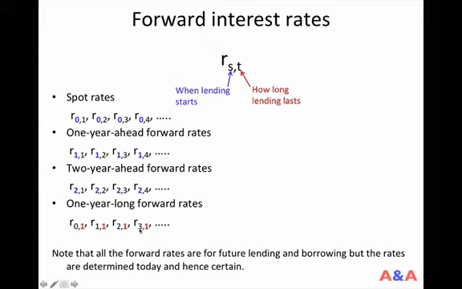R31 is the interest rate for lending and borrowing that starts 3 years from today and lasts for 1 year. So there are so many kinds of forward interest rates, but remember, although lending and borrowing for these forward contracts does not start today but in the future, there is no uncertainty about these interest rates because these interest rates are determined and agreed upon today.